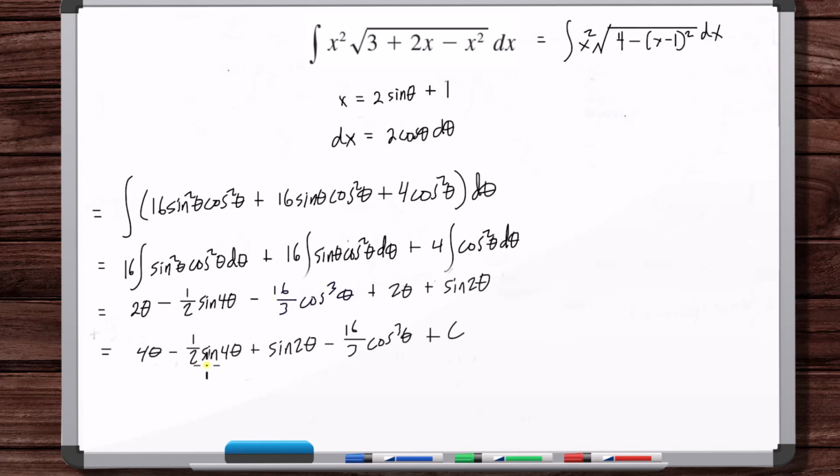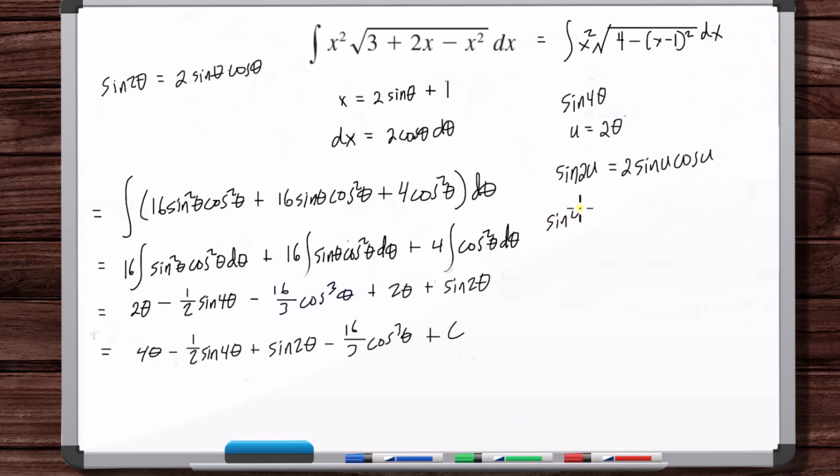Okay, now we can use the trig identity that sine 2 theta is equal to 2 sine theta cosine theta. Now, with sine of 4 theta, if we say that u is equal to 2 theta, then sine of 4 theta is sine of 2u, which is 2 sine u cosine u.